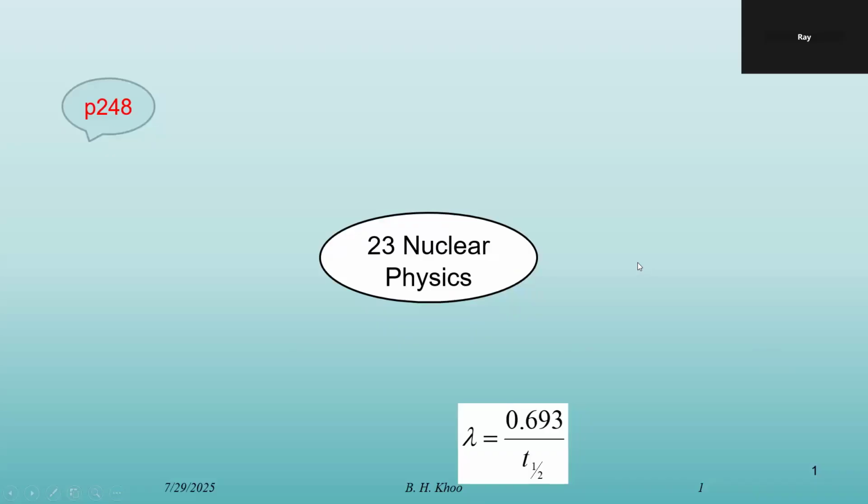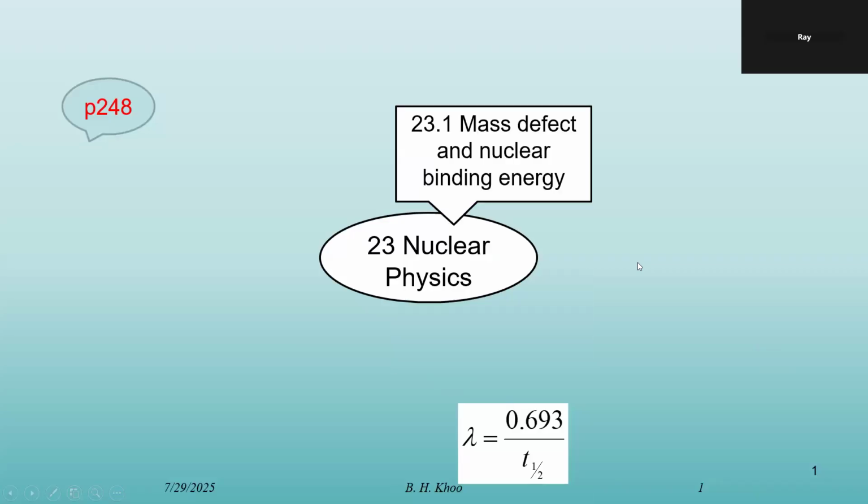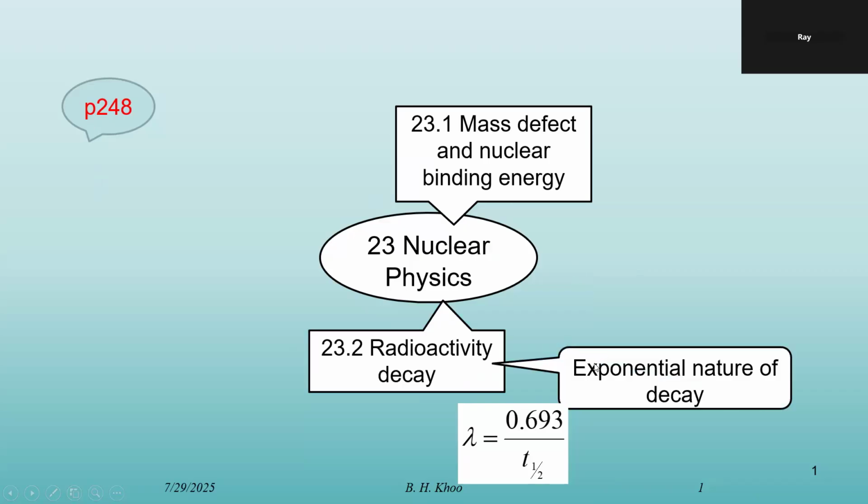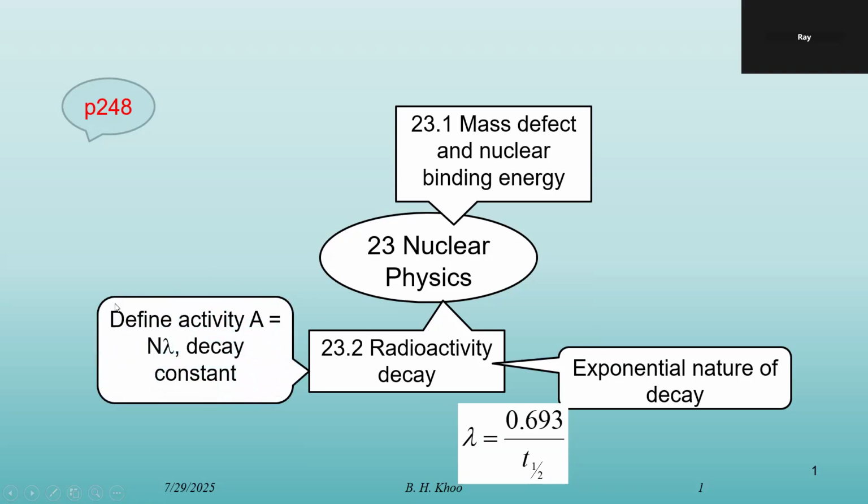Under topic 23, nuclear physics, page 248, we go to mass defect and nuclear binding energy, radioactive decay, exponential nature of the decay, and define activity and decay constant, define half-life.